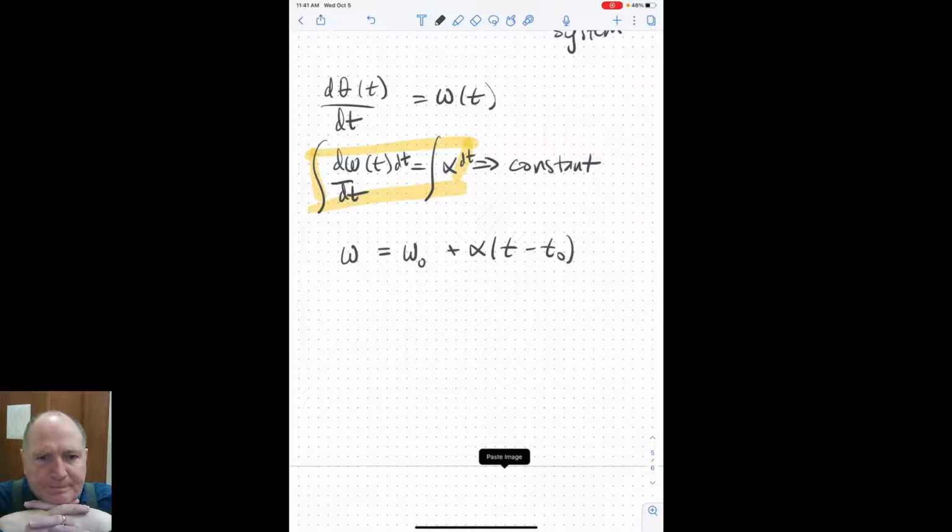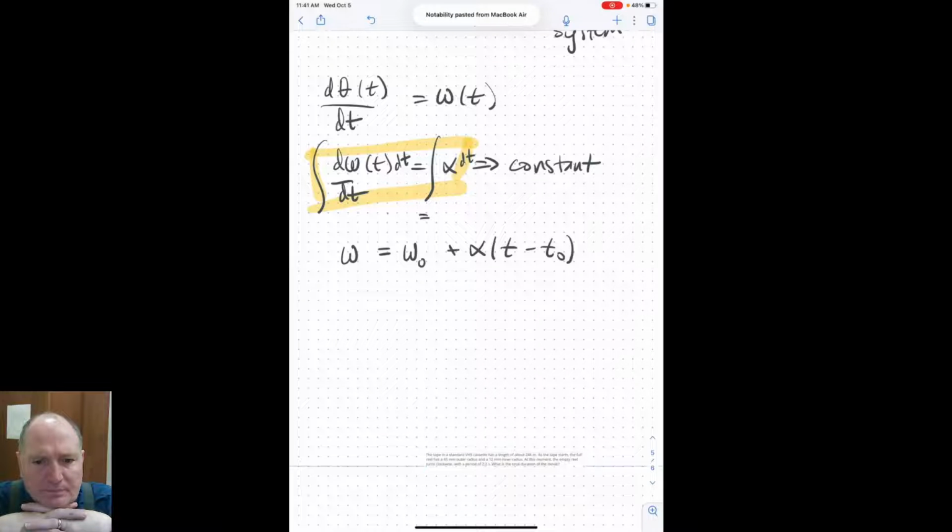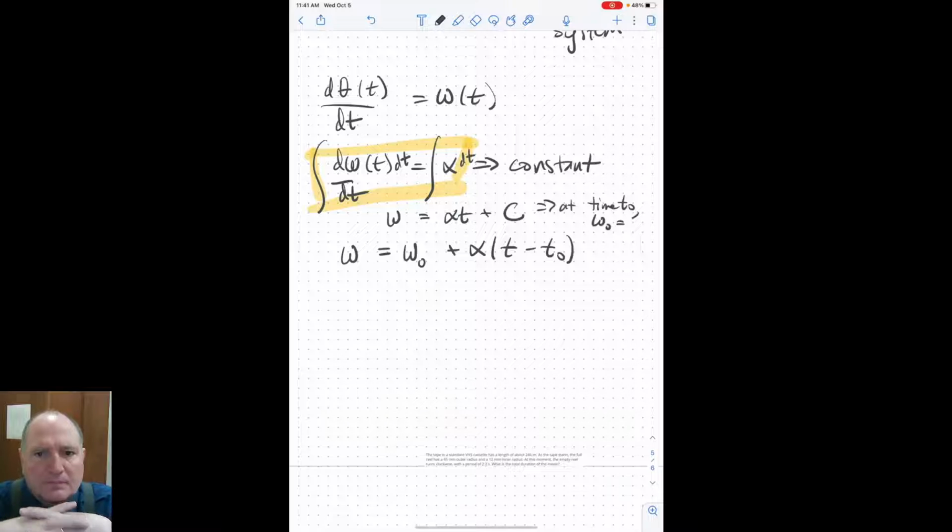And then we can think of this as that omega is alpha t plus some constant. And we want to set our constant such that at time t naught, omega equals omega naught. So that's where this equation comes from.